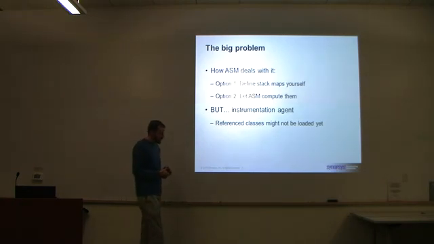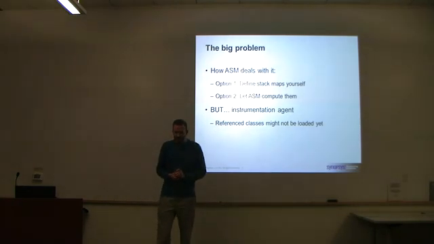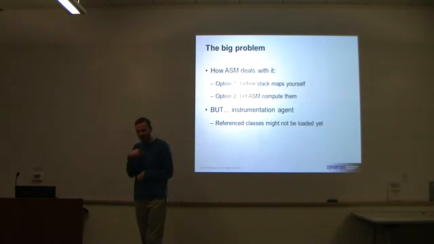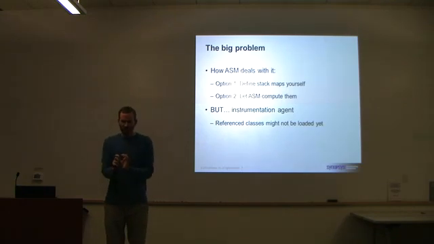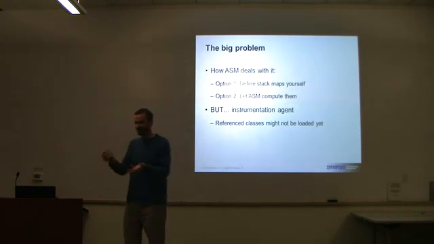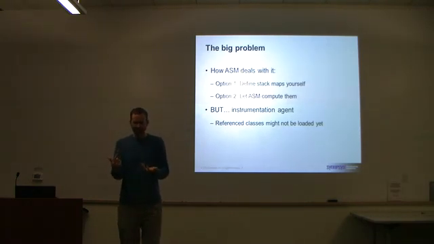So the case that I was working with, we're writing an instrumentation agent. And so the way this works, the Java virtual machine calls into our code whenever it's about to load a class. And it says, hey, do you want to modify this class before I load it? And we say, okay, yeah, let me try and modify that class.